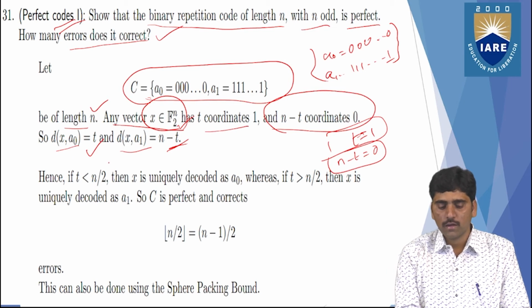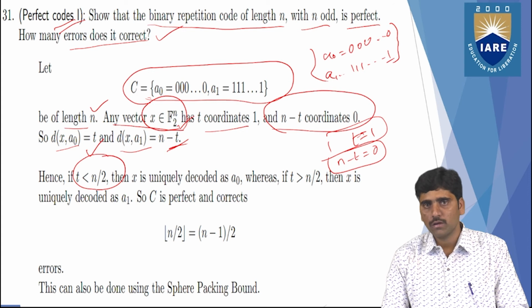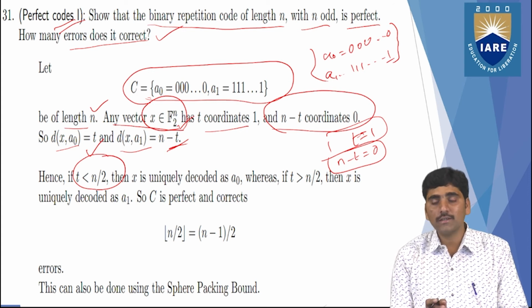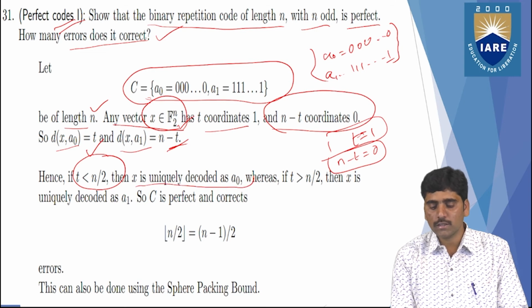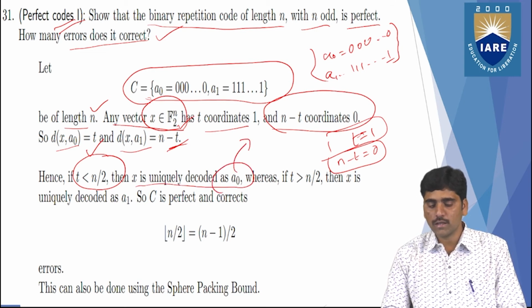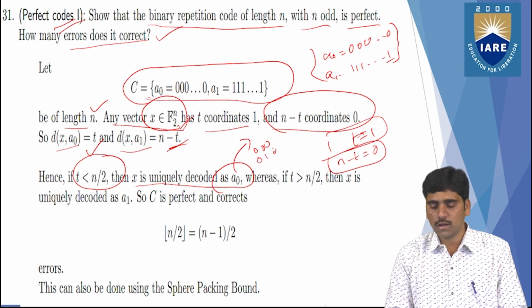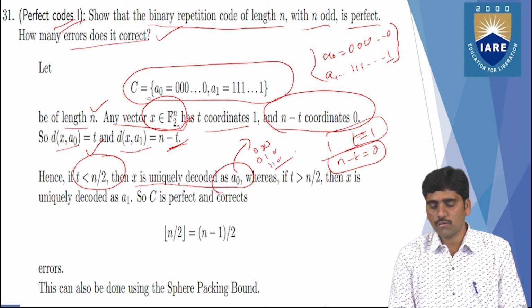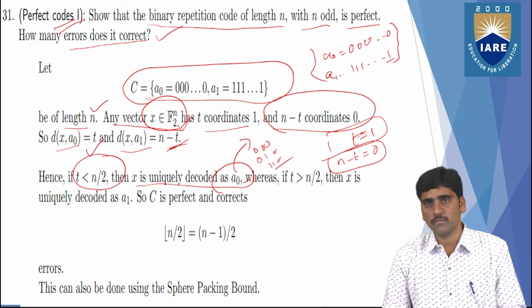Hence, if t is less than n by 2, that means t is less than half of the length, then x is uniquely decoded as a0. That means all zeros, or else 010, or else 110, whatever it may be, it is uniquely decoded as a0.